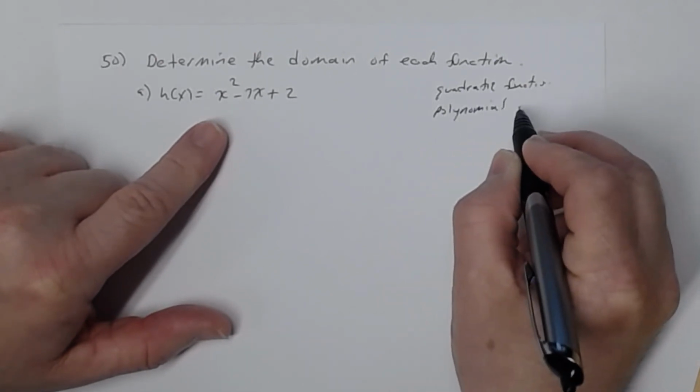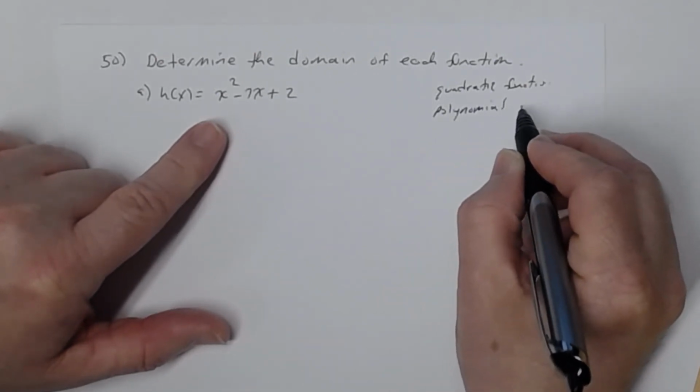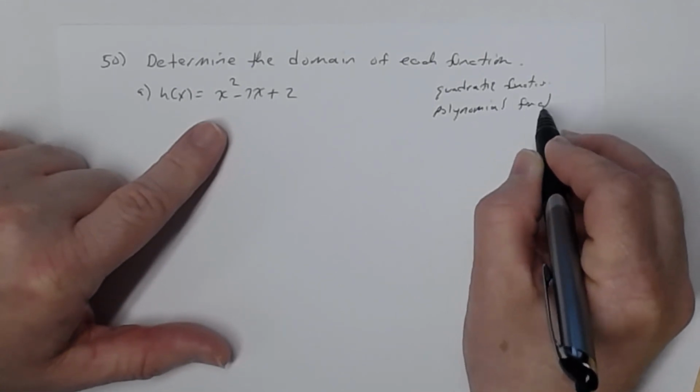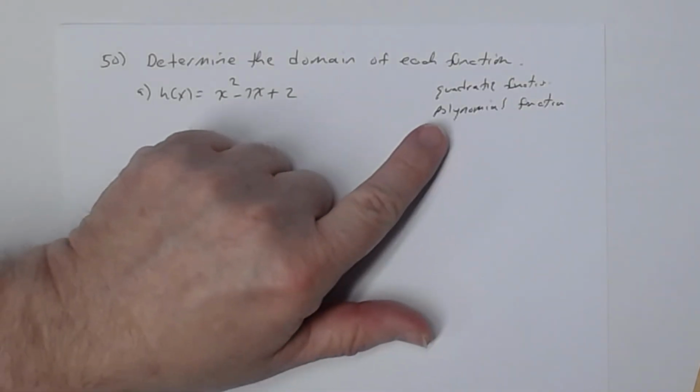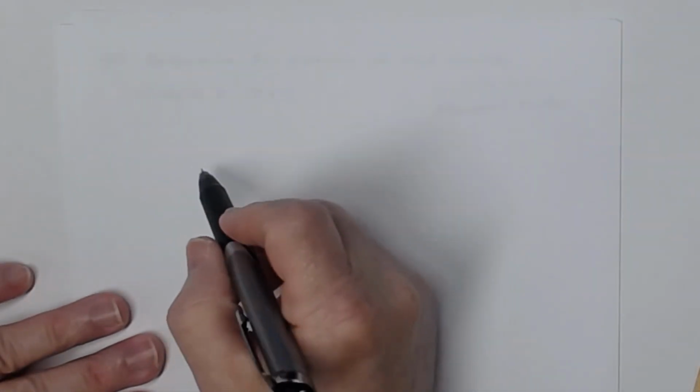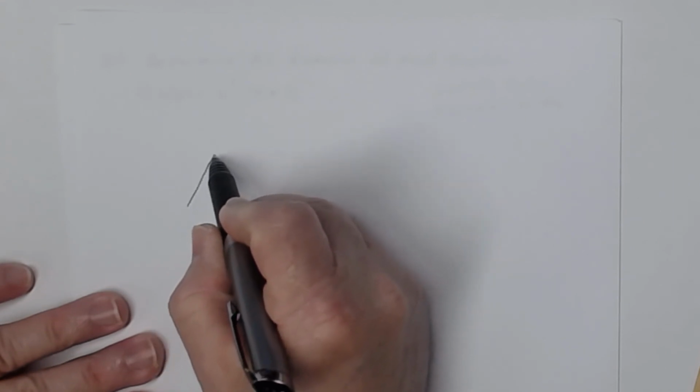And one of the things you learned when talking about a polynomial function is that when you look at the graph of a polynomial function, it is a continuous function.